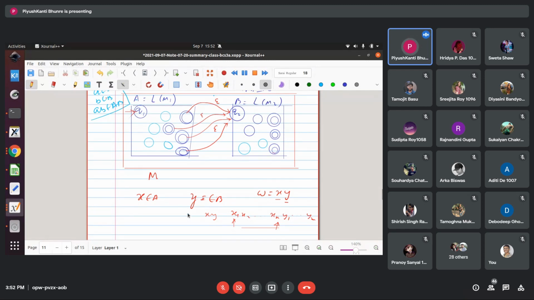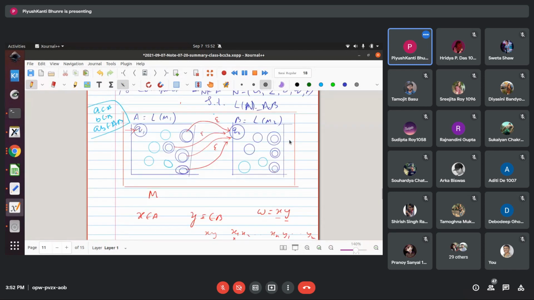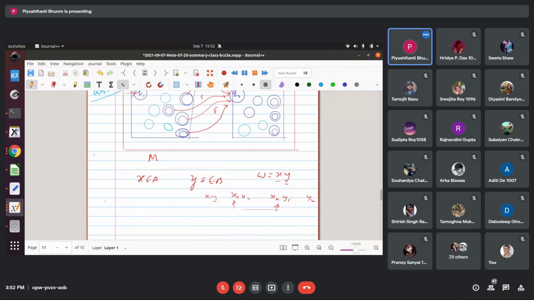Note that when we do the concatenation, if epsilon belongs to A, then B is a subset of AB basically, right?